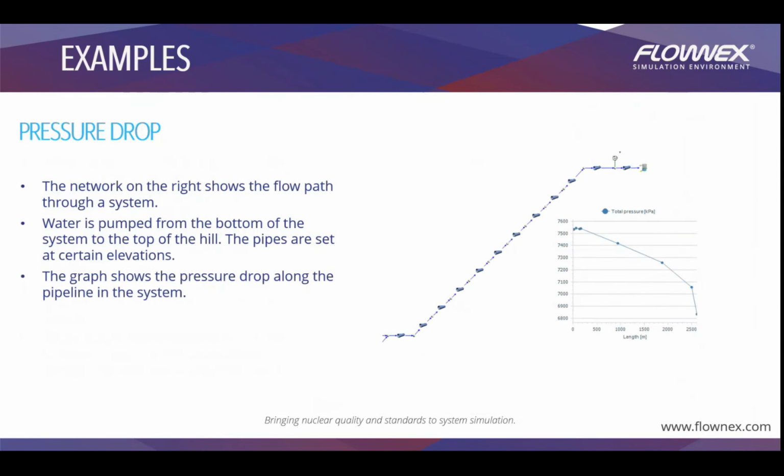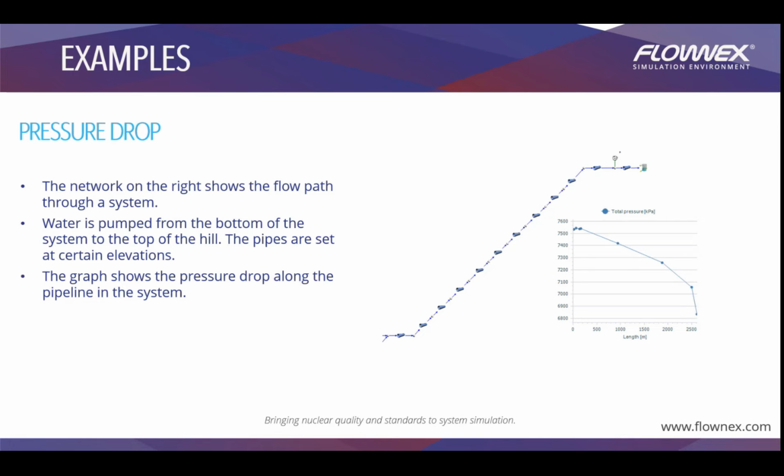Then we have pressure drop calculations, where we have a very long pipeline where we're pumping water from the bottom of a pond or something, the bottom of a hill. We are pumping it to the top of the hill, and we'll notice the pressure drop in each and every pipe in the pipeline.